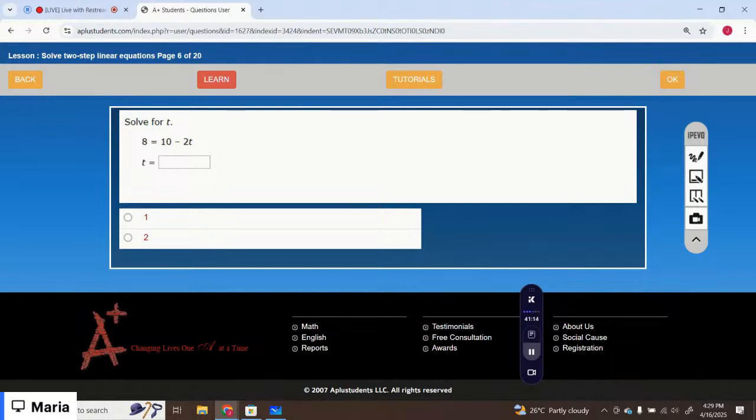Solve for T. That is T equals 1. Option number 1 is the correct option.